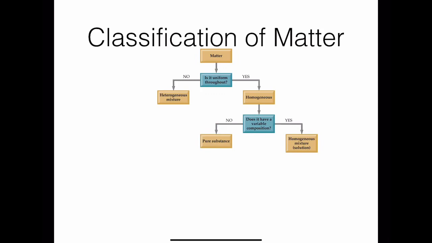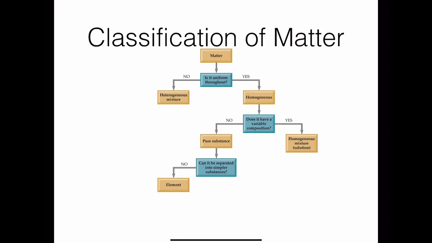Now, if it does not have variable composition, meaning it's not made of more than one different thing, then we have a pure substance. So if we're starting with pure substance now, we need to ask ourselves, can it be separated into simpler substances? Because a pure substance can be something like one type of element that makes up a whole sample, or it can be two elements put together that make up a whole sample.